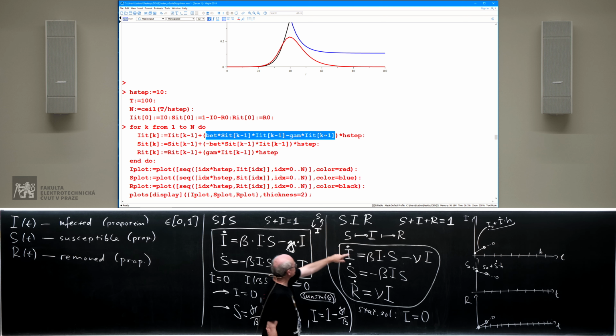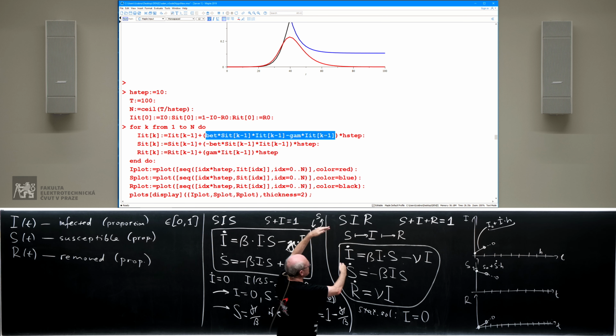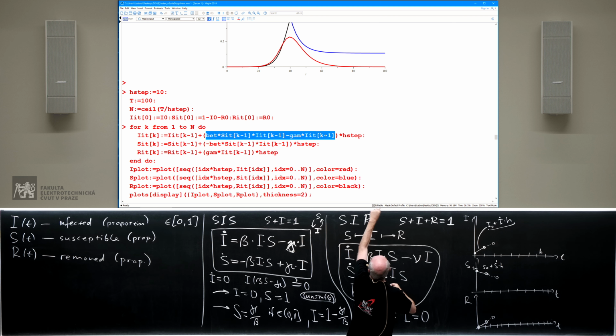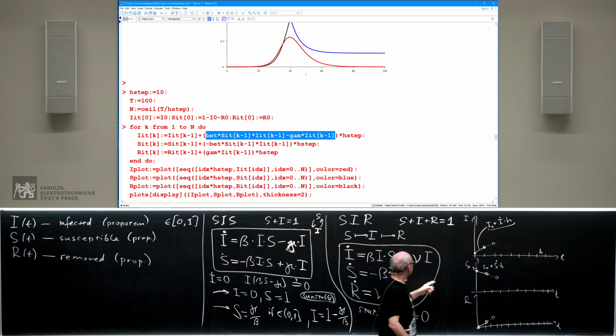And when we compare it, we can see beta, we can see s times I, which is this, and we are subtracting constant times I. Yeah, so these are exactly these formulas, and they are multiplied by horizontal step size. So I really just took these formulas, substituted for derivative, and programmed them like that. And I make a loop, and then I just visualize the outcome.